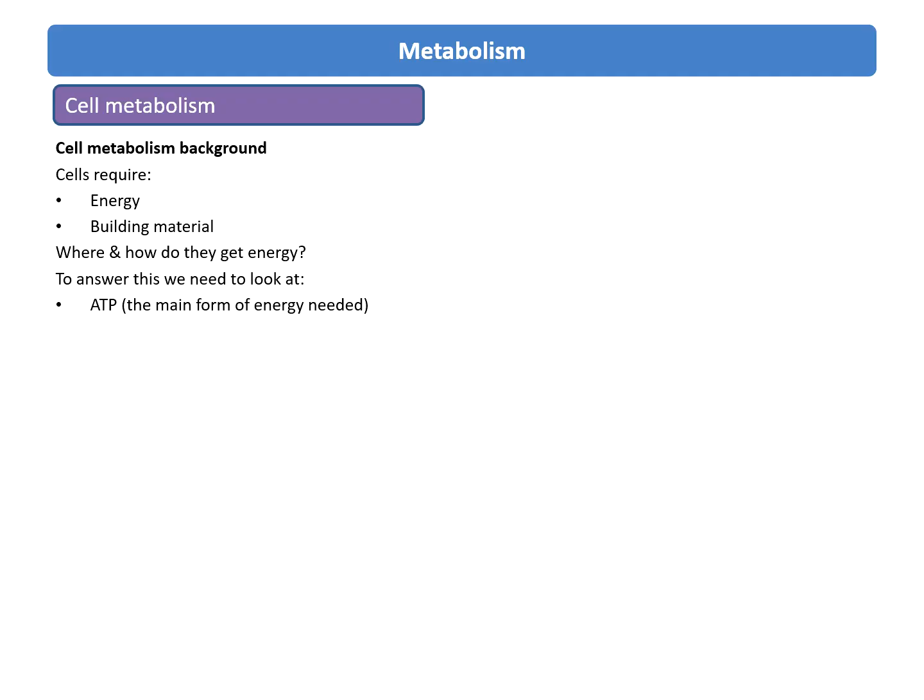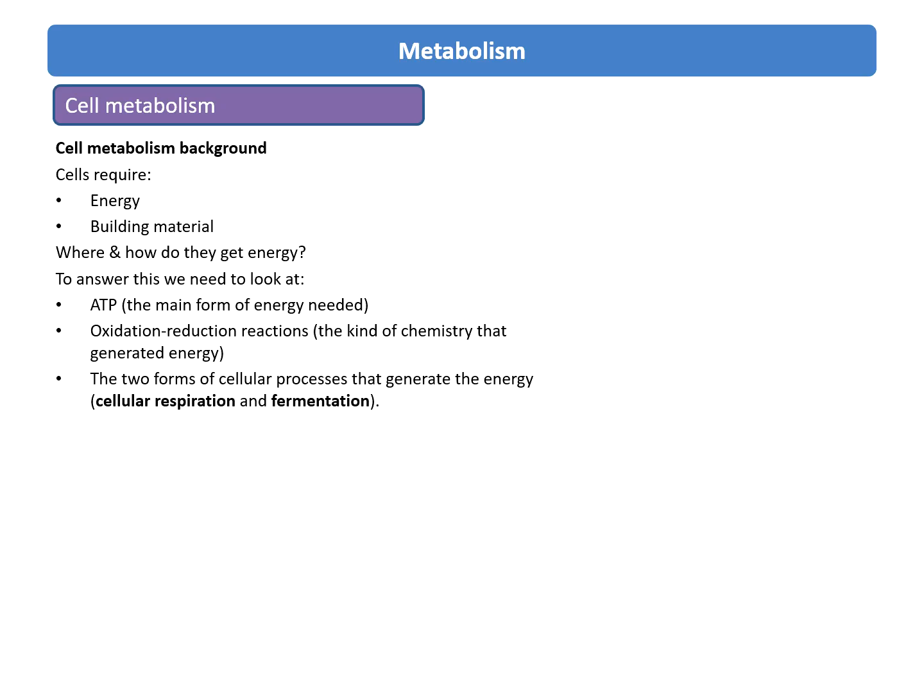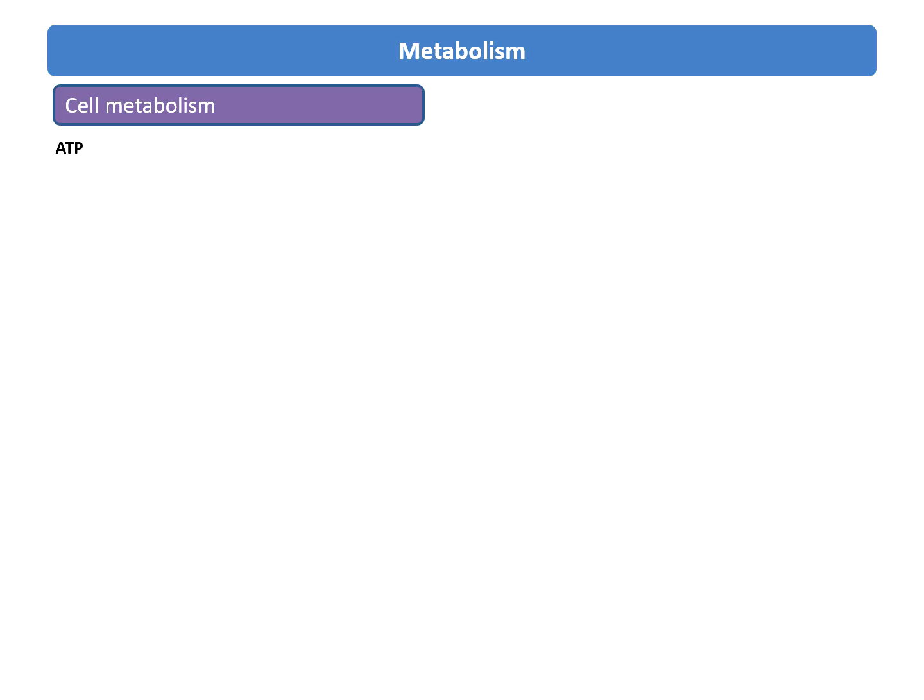We need to look at ATP, which is the main source of energy that's required. We need to understand what oxidation-reduction reactions are all about. We need to know that there are two major forms of cellular processes that generate the energy. One is cellular respiration, the other is fermentation.